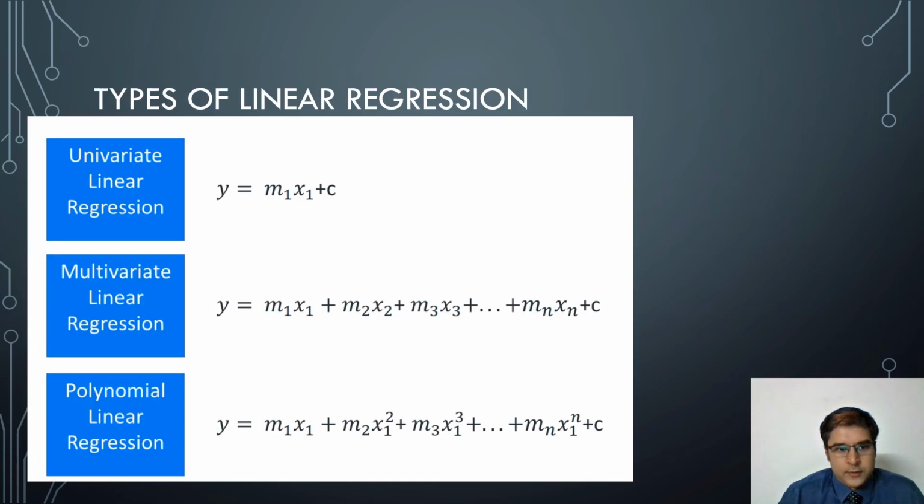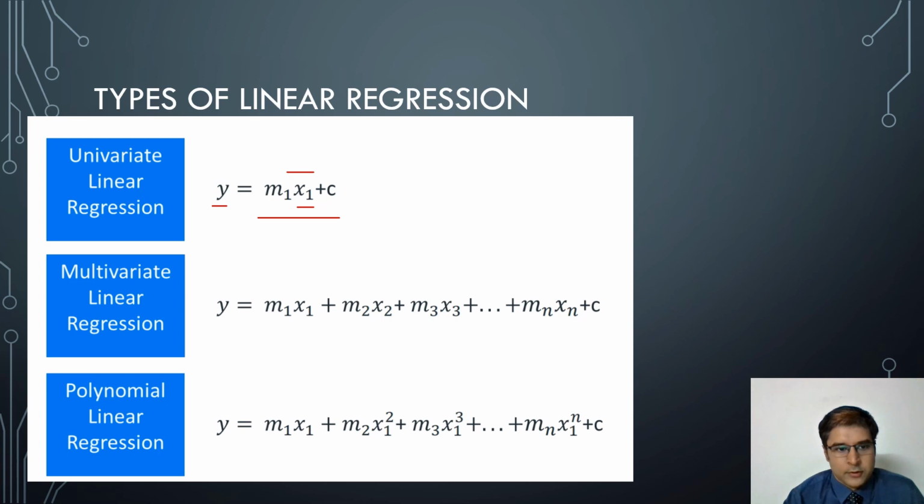Types of linear regression. First one is univariate linear regression, where there is only a linear dependency of the dependent variable on the independent variable. So the dependent variable here is y and the independent variable is x1, and there is a linear dependency of y on x1. So this is univariate linear regression, where there is only one independent variable.